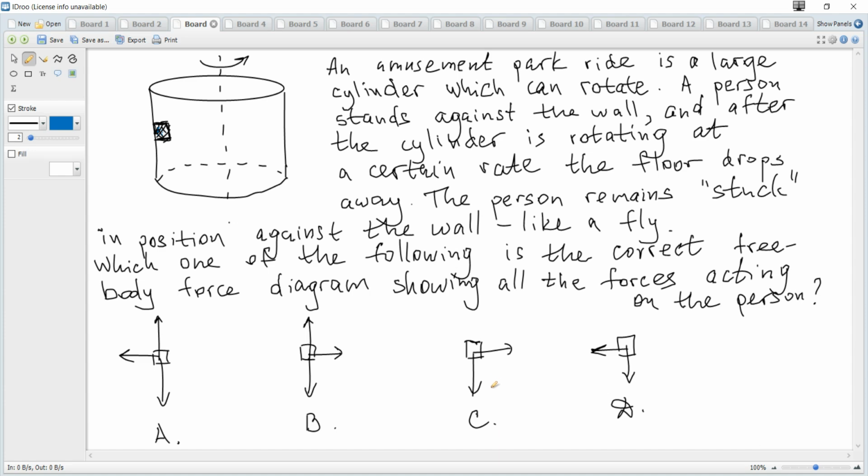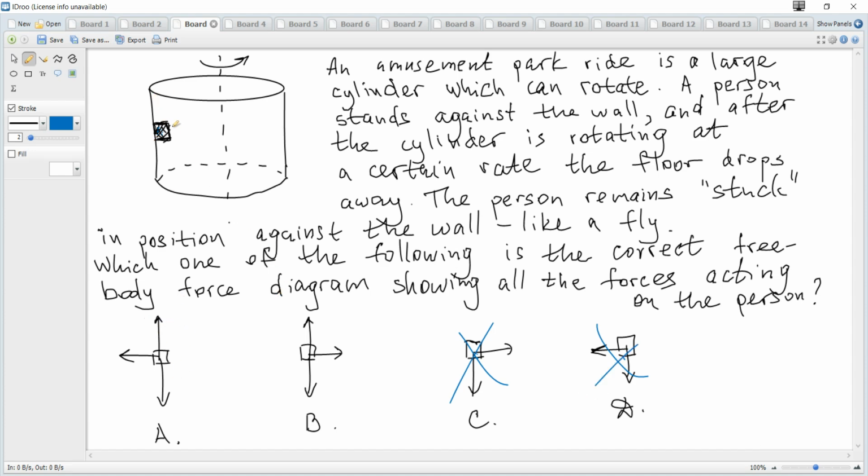So it's impossible to be like C or like D, because you can see that there is an unbalanced force downwards, and it implies that this object must go downwards with acceleration. So it's not C, not D. Forces must be balanced in the vertical direction.